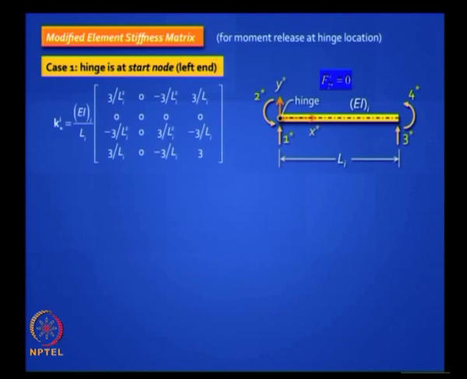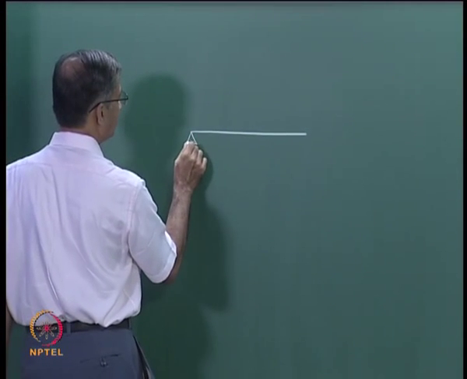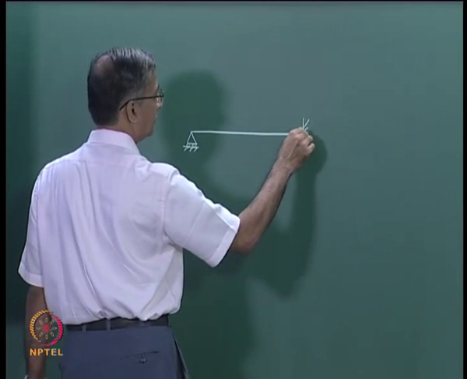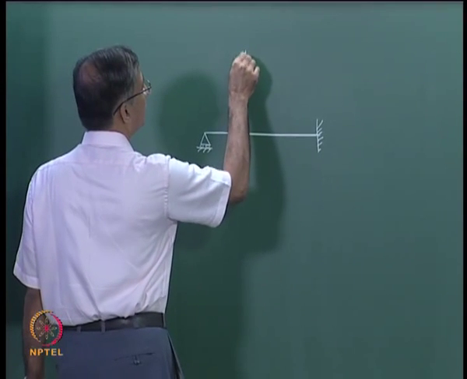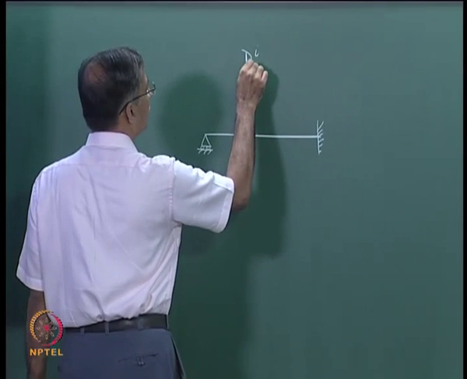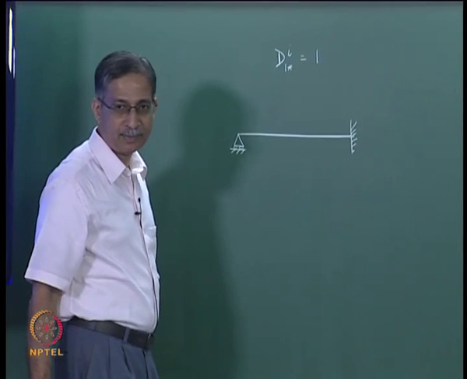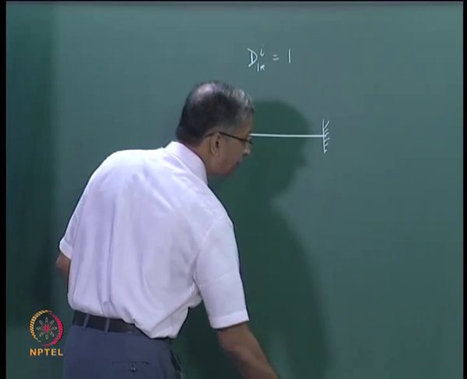So let us take a look at that. This is a hinge, this is fixed, and we want to apply d 1 star equal to 1. So what would be the deflected shape?